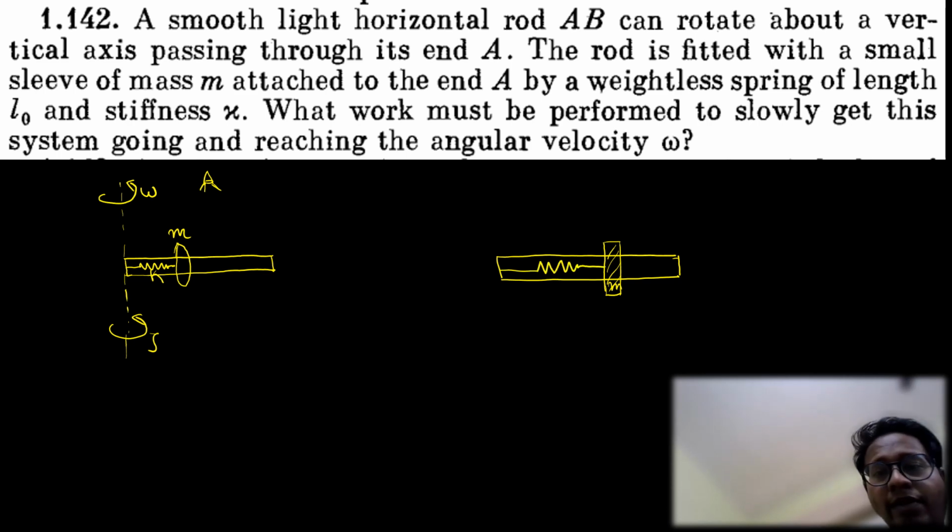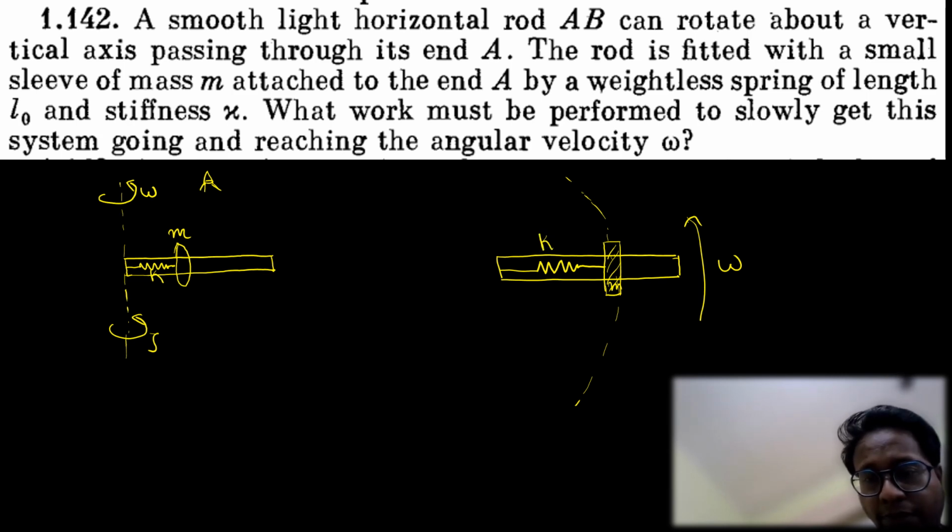Now as this ring was rotated with angular velocity omega, moving in this direction, what will happen? The spring will get stretched, so the spring force is equal to kx in this direction.